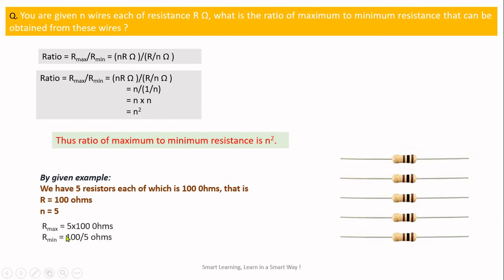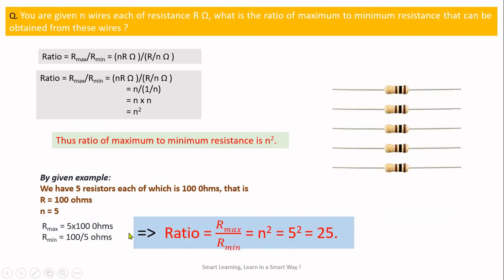By applying the formula, R max is equal to n times 100 ohms and R min is equal to 100 by 5 ohms. And using these two values, the ratio becomes n square. 100 cancels 100, so we get n square, and substituting the value of n, we get square of 5, which is 25. So the required ratio is 25.